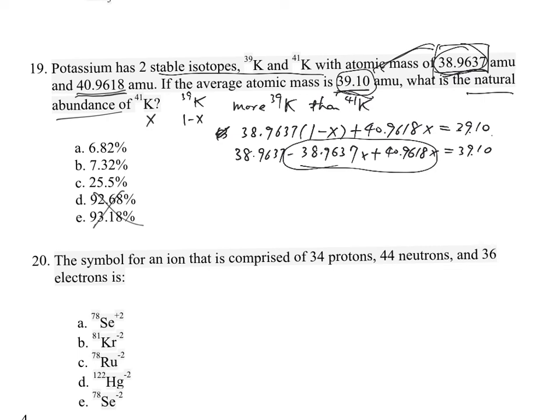So 40.9618 minus 38.9637, so 1.9981X should equal 39.1 minus 38.9637, which is 0.1363.